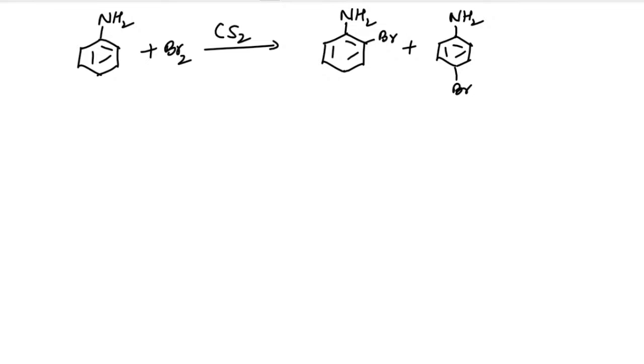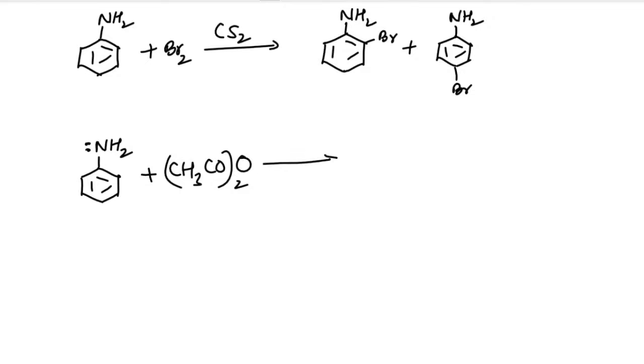Okay. Now, if we have aqueous solution only, but we would like to form the mono substituted product only. So in that case, first of all, we have to protect this NH2. Protection means we have to decrease the activating influence of NH2. So what we do, first of all, we treat it with acetic anhydride.